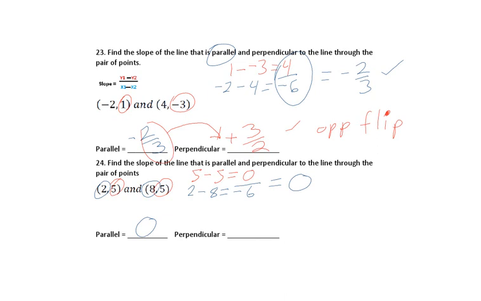Originally we had 0 over negative 6 for parallel, which reduces to 0. If you were to write perpendicular, that would be positive 6 over 0. But wait a minute. Anytime you have a fraction with 0 in the bottom, the answer is always undefined. And that's your answer for perpendicular, undefined.